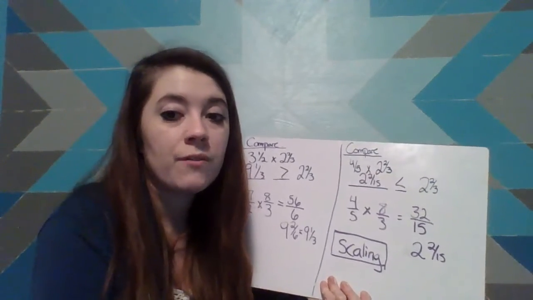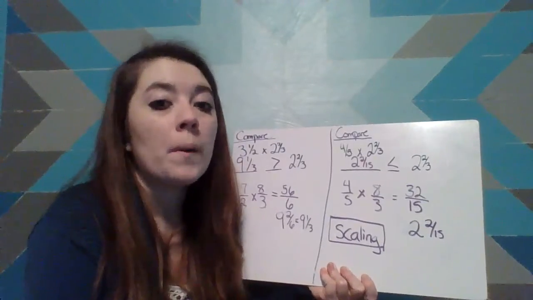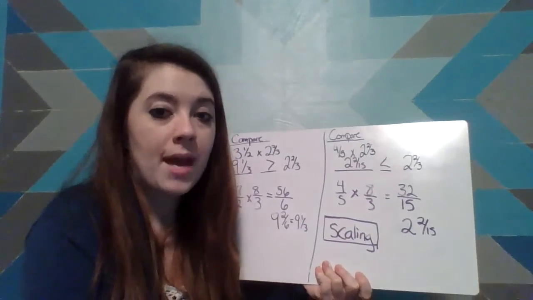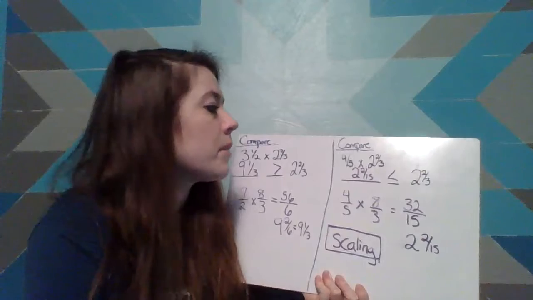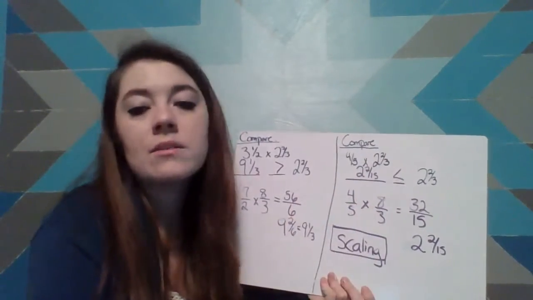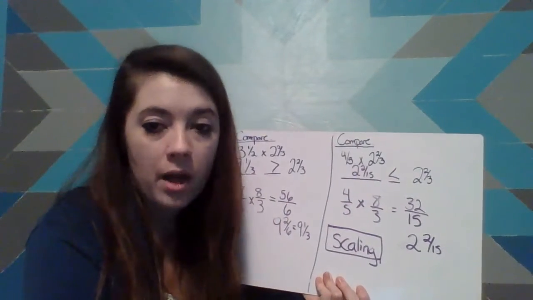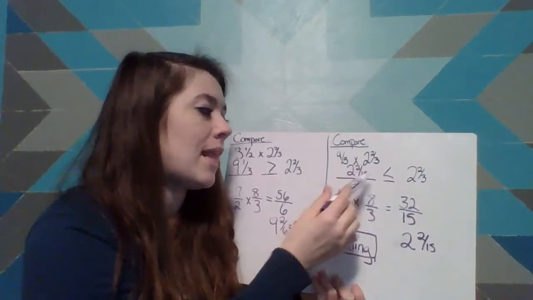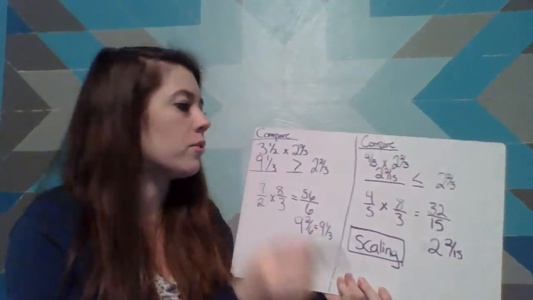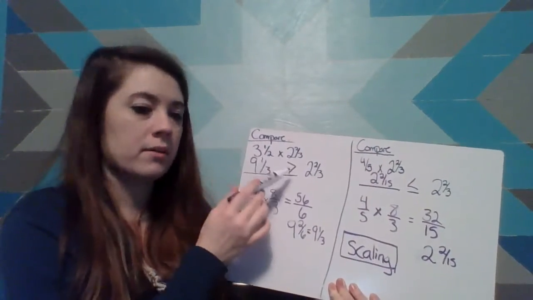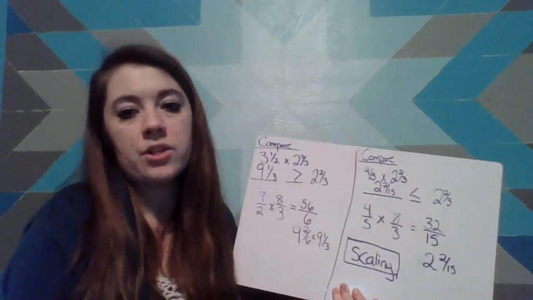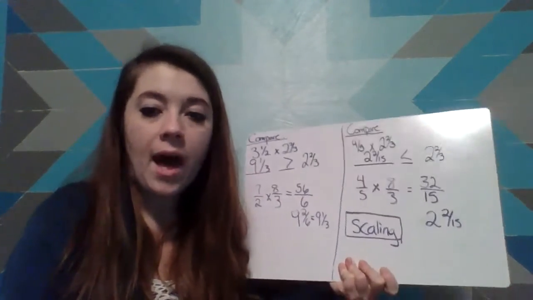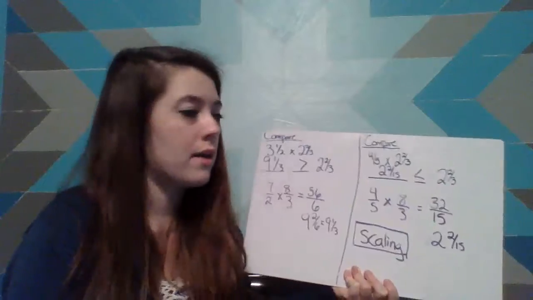So make sure you do it. If you do not do it, you will be losing points. So make sure you do this. So referring back to this, remember, if it's a number less than 1, it's going to make it less than the original value. If it's a number greater than 1, it's going to make it greater than the original value. Hopefully that is making sense to you guys.